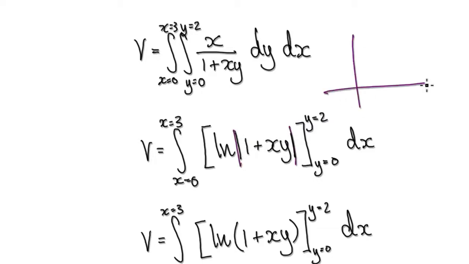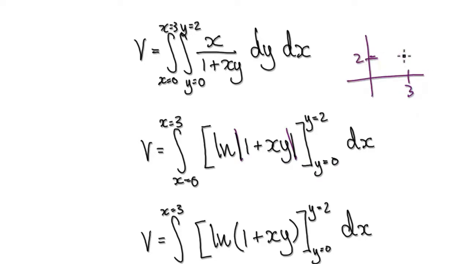But if you look at our region, x and y are such that this thing here will never be negative. So we can forget about the absolute, because x and y, our region, this quantity here will never be negative. So ignore the absolute and just work with normal brackets.